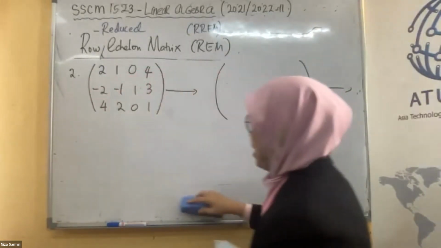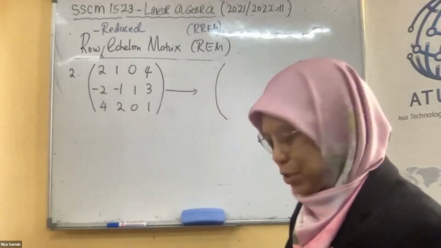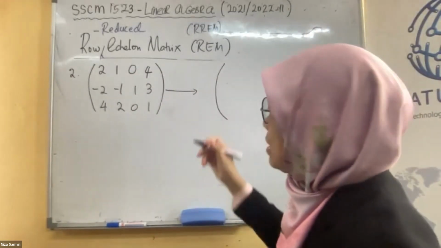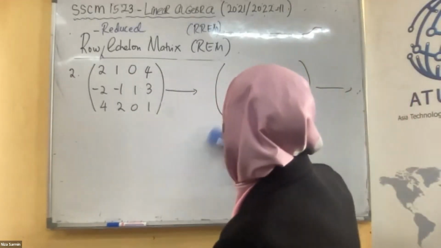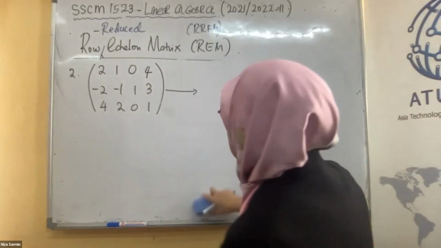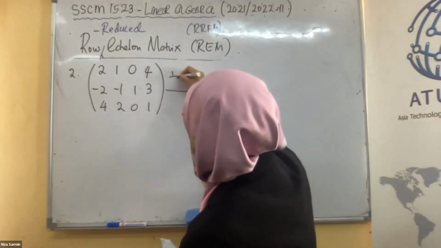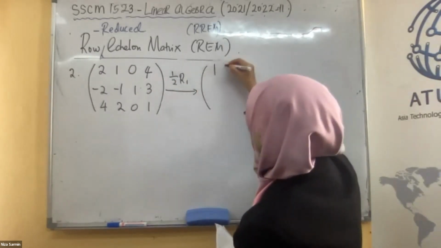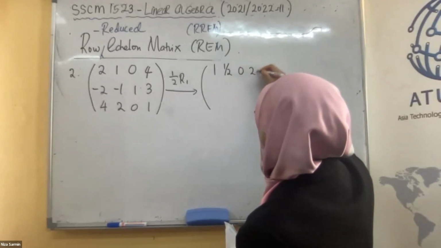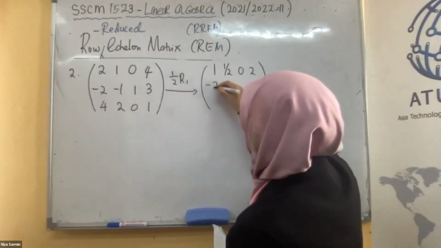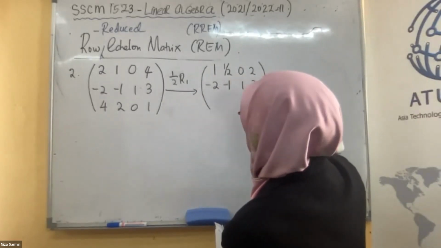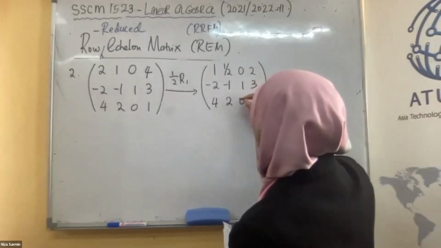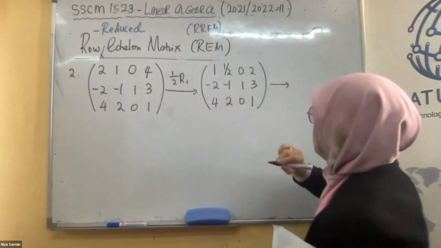Okay, you want to start with fraction. Hamizah, what's the first one? First one saya buat 1/2 R1. Okay, 1/2 R1, yeah? So you will get 1/2, 0, 2, right? Then you still get this, right? Copy, yeah? What's your next one?